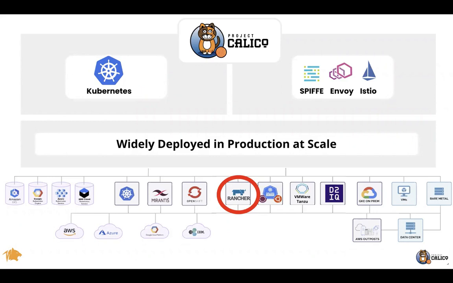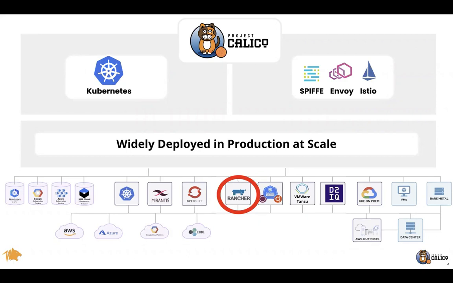In terms of where you can use Calico, actually all of the managed Kubernetes services like EKS, GKE, AKS, and IKS have chosen Calico as the default policy enforcement engine for their Kubernetes clusters. Which speaks to the trust they have in the technology and the scale that it provides for running production workloads for their customers.